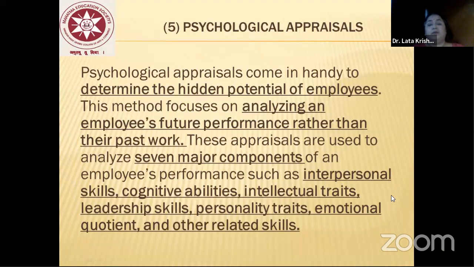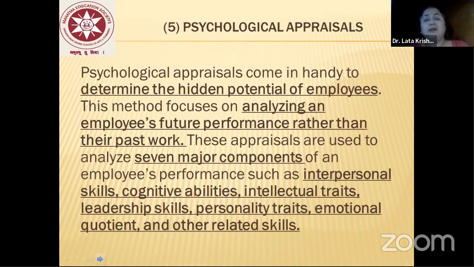And there are 7 major components that are used for analysis. They try to find out the interpersonal skills, the cognitive abilities. Cognitive means thinking abilities, the intellectual traits, decision making, something to do with the brain, leadership skills, personality traits, emotional quotient, and other related skills.